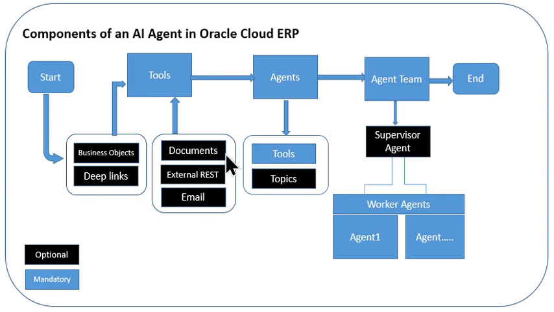Document or documents are configured in the tools component to perform tasks that are very specific to your customer's business. An example could be that the customer has asked you to build an AI agent to help users query the expense policy of the customer's organization.